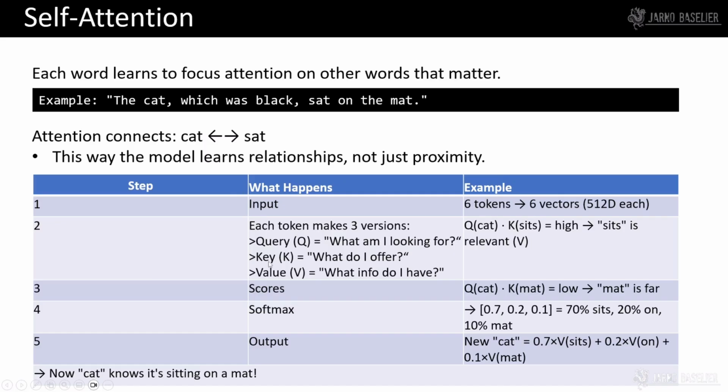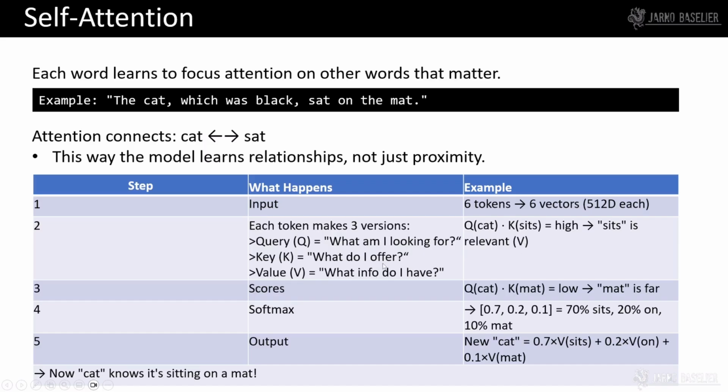The second step is that each token makes 3 versions. We have the query, the key, and the value, the Q, the K, and the V. The query: what am I looking for? Which might be cat. The key: what do I offer? Well, what is the cat doing? It sits. And the value: what do I have?